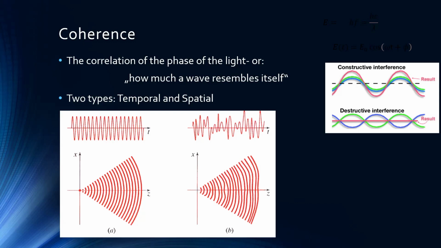Maybe I didn't fully understand the monochromatic aspects. Were you saying that was related to this correlation? Yes. I said temporal coherence is a measure of how monochromatic your signal is.